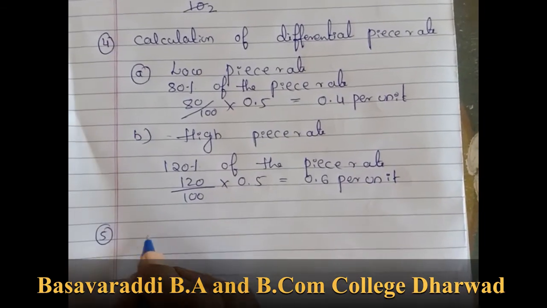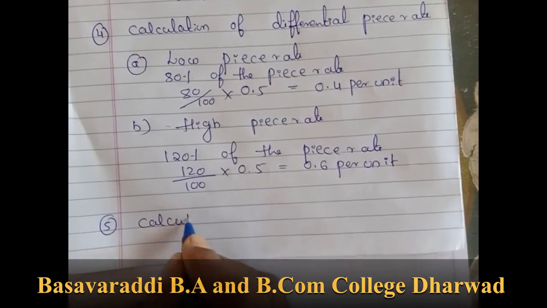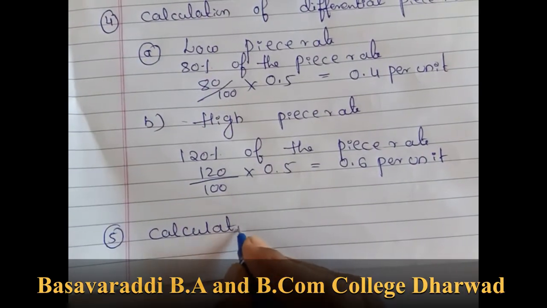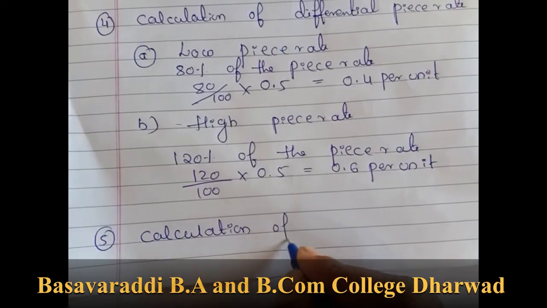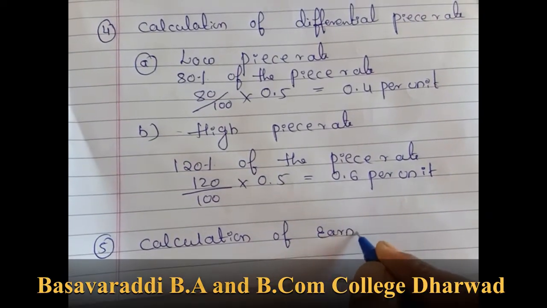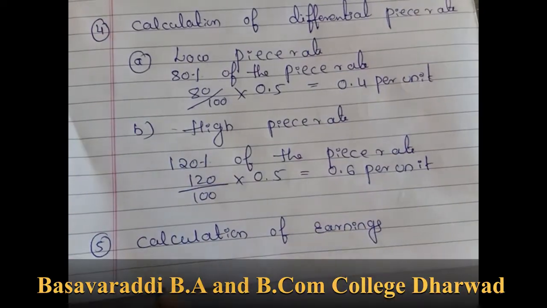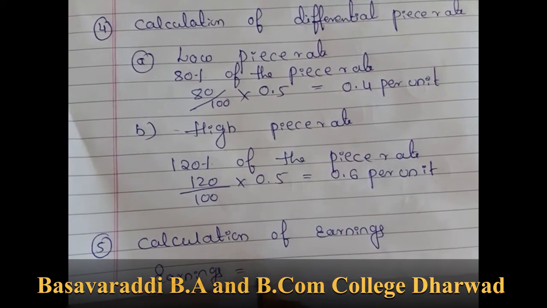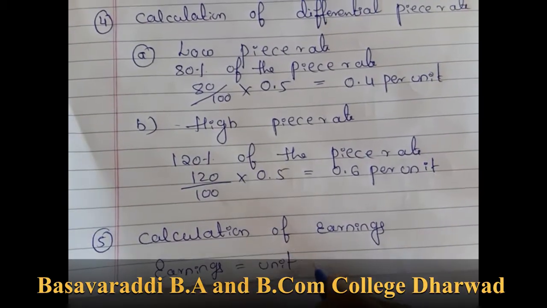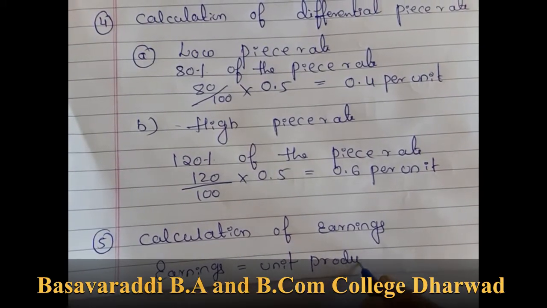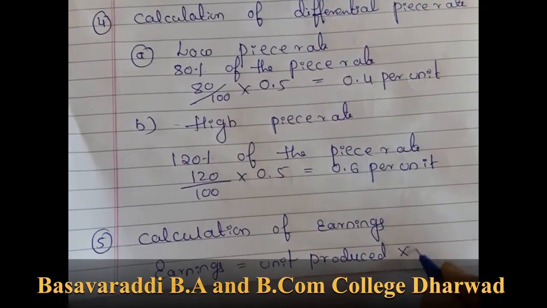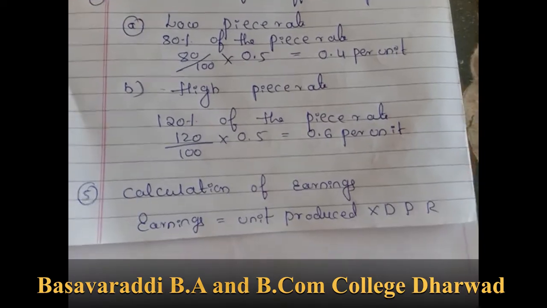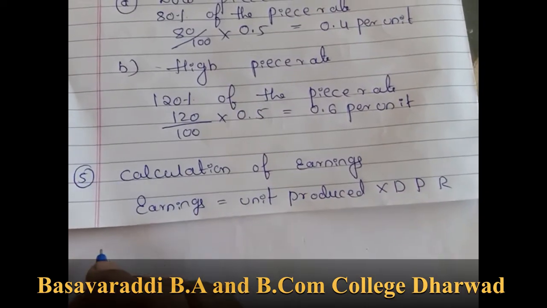Fifth one. Calculation of earnings. Earnings is equal to units produced into differential piece rate.